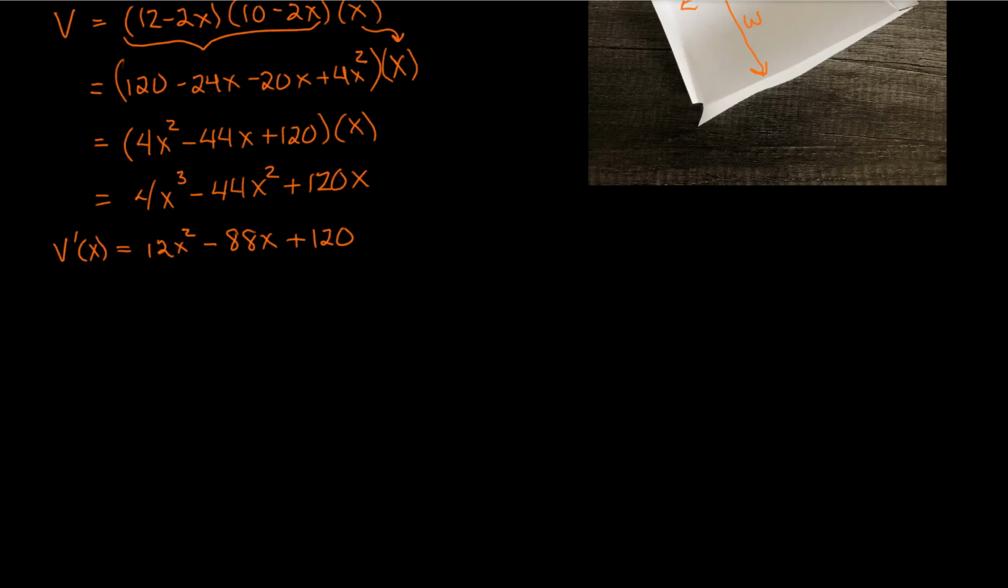That's step 2. Step 3 says to set it equal to 0. At this point, you can do one of two things. You can try to solve this by hand, or I'm just going to go on my calculator, pull up the quadratic formula that you should have programmed into yours. A is a value of 12, B is negative 88, and C is 120.